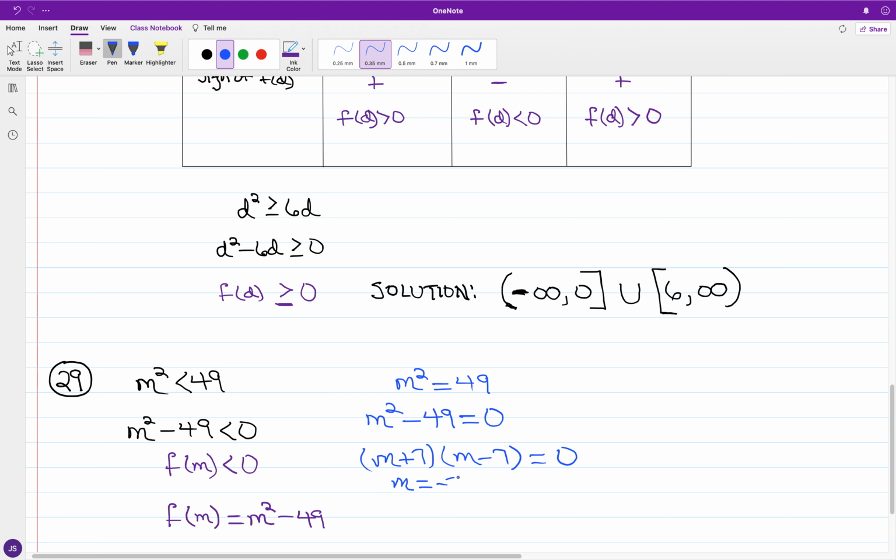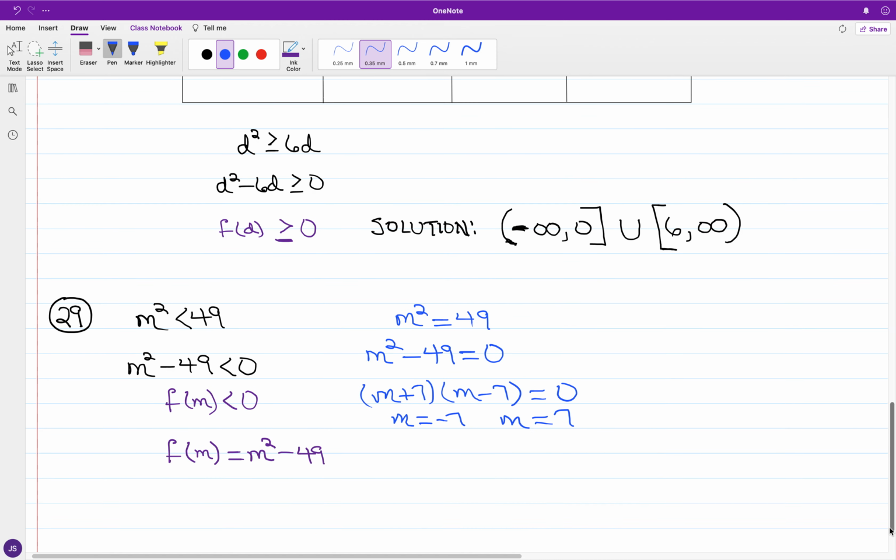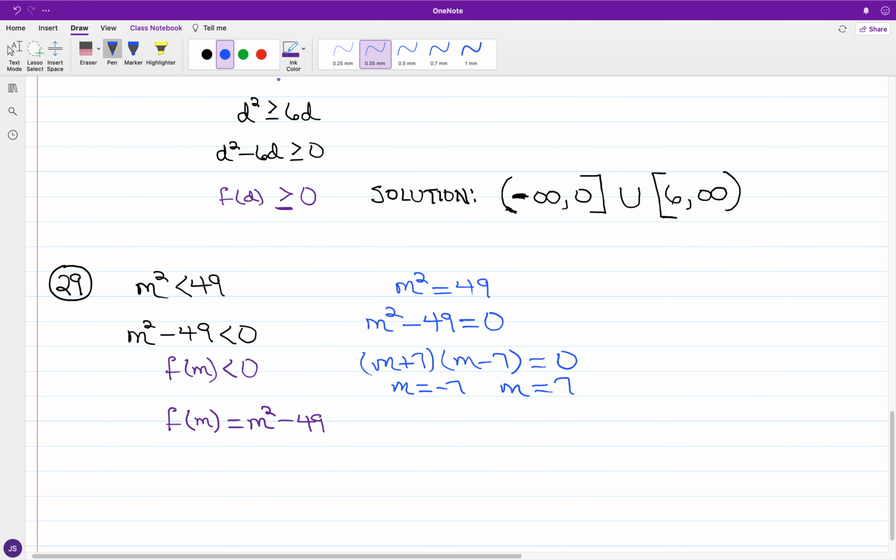So we have m equal to negative 7 and also m equal to 7, if I set the respective factors, m plus 7 and m minus 7, equal to 0. So f of m is equal to m squared minus 49, and as for the zeros, again we have negative and positive 7.